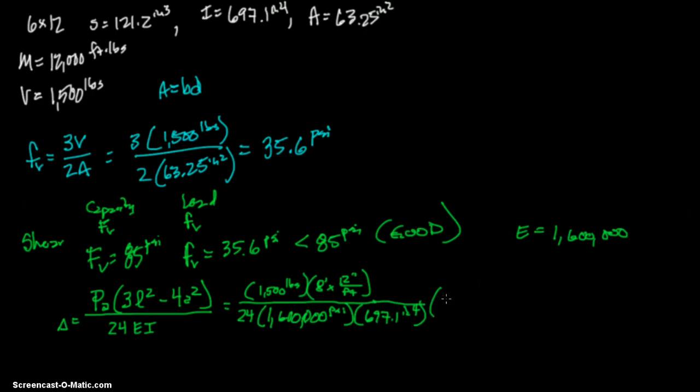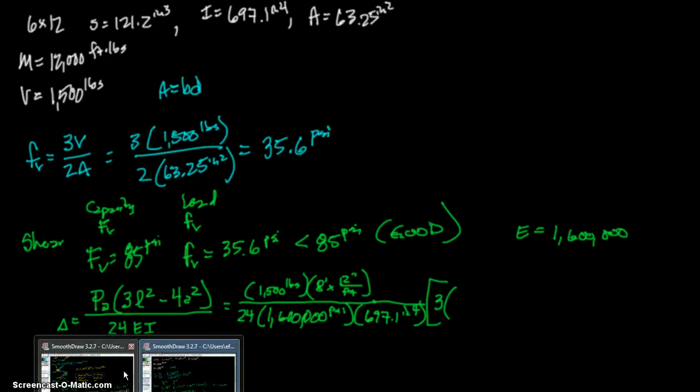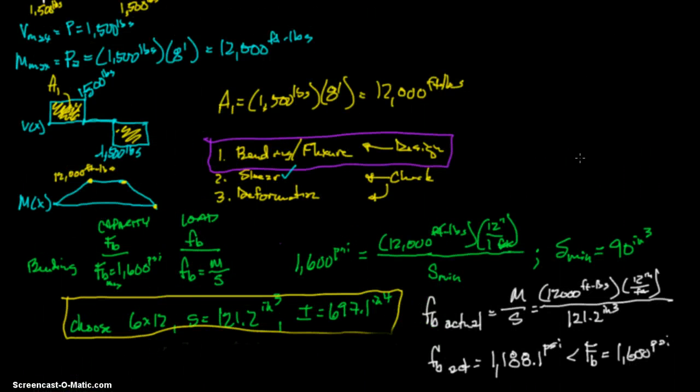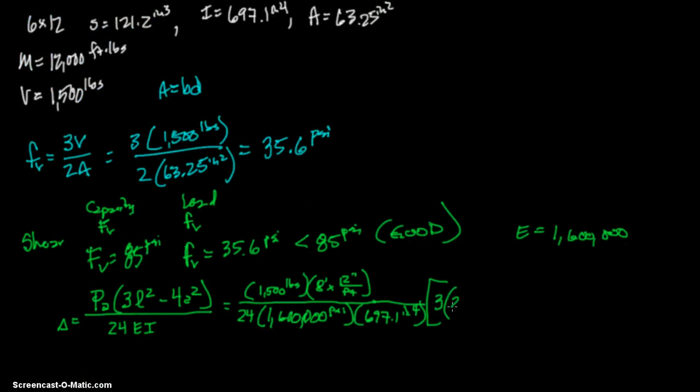And we say times 3, actually I always do this. 3 times L, which is, let's go back because I don't remember. 22 foot, is that this problem? No. L was 8 times 3, which should be 24 foot. 24 foot times 12 inches per foot. To conserve space, I'm not going to do that. And that's squared minus 4A, where A was 8 foot times 12 inches per foot, squared, and then we close the parentheses.